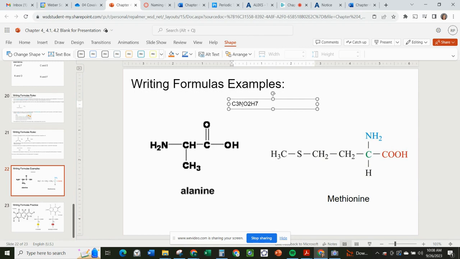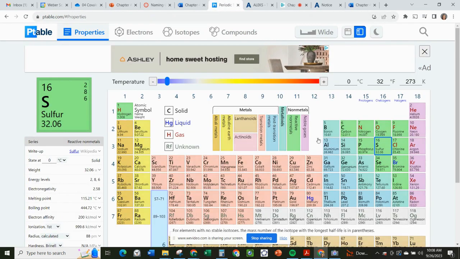And then I need to go back and write left to right, hydrogen between nitrogen and oxygen. So we've got to move this guy over here. On our periodic table, it goes carbon, nitrogen. Then we're going to stick hydrogen right here between nitrogen and oxygen in our formula. Then oxygen.